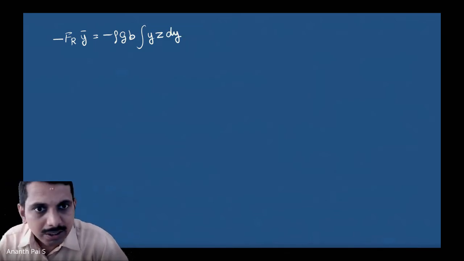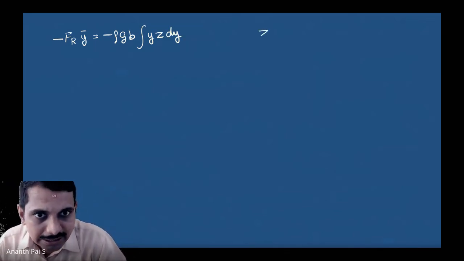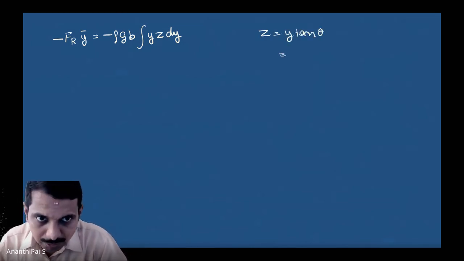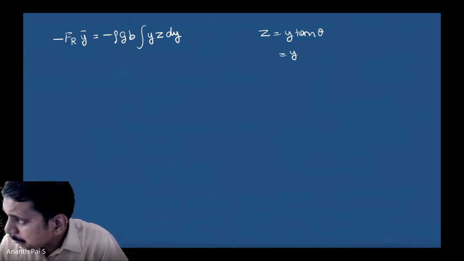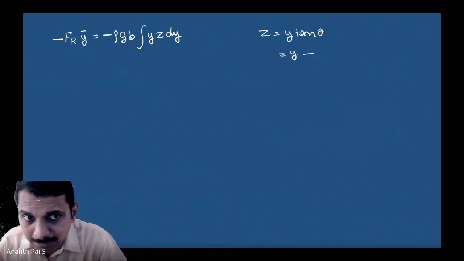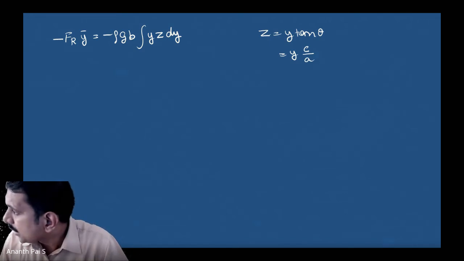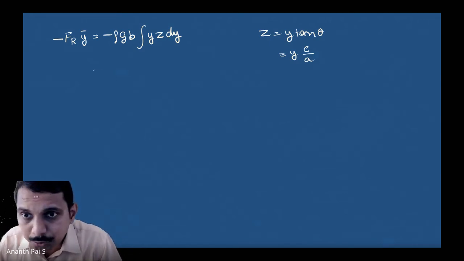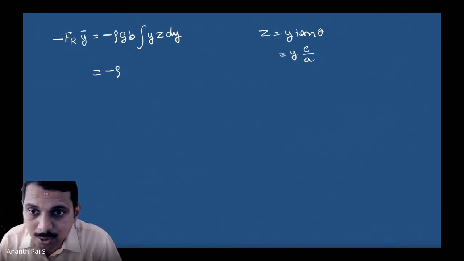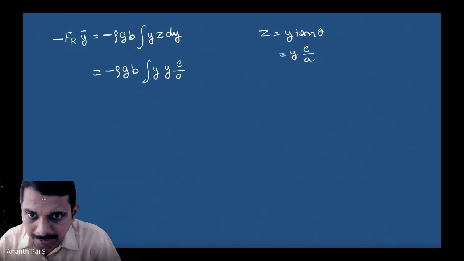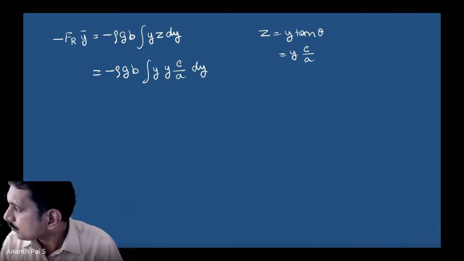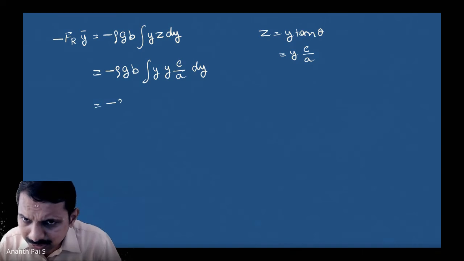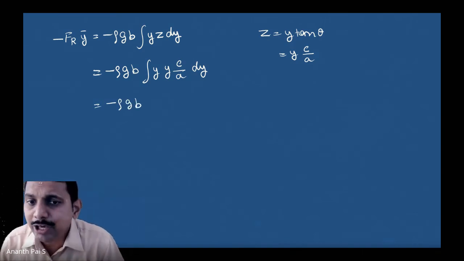We know that z is equal to y tan theta, which is equal to y into c by a, correct? So we'll substitute that here. We will have minus rho GB integration of y into c by a dy, which is equal to minus rho GB.